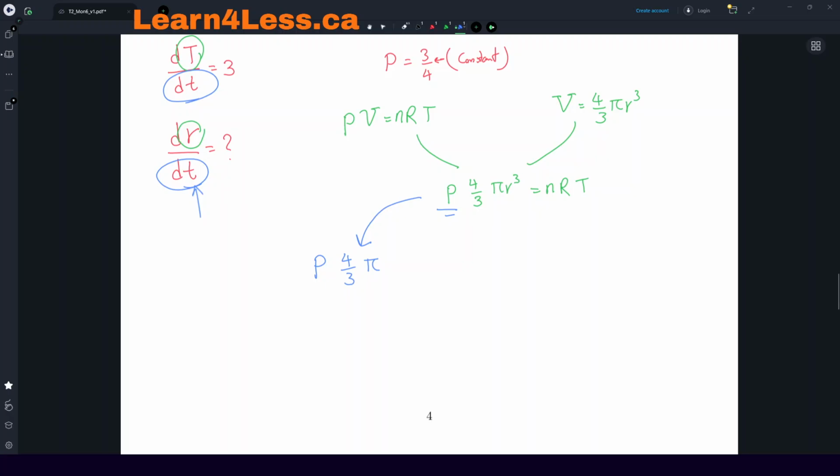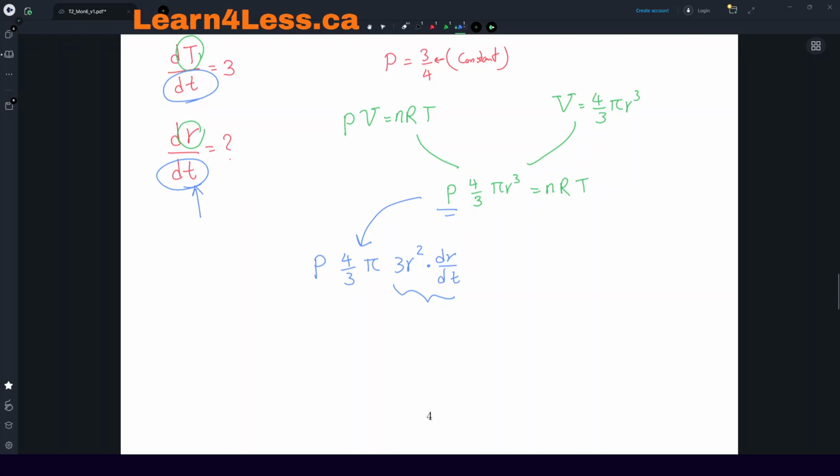So it would be 3r squared times dr/dt. Why is this happening? Because of the chain rule. I'm taking care of the power with the power rule, so that's what I see here. And then I take the derivative of the base, which is r, with respect to time, which gives me dr/dt.